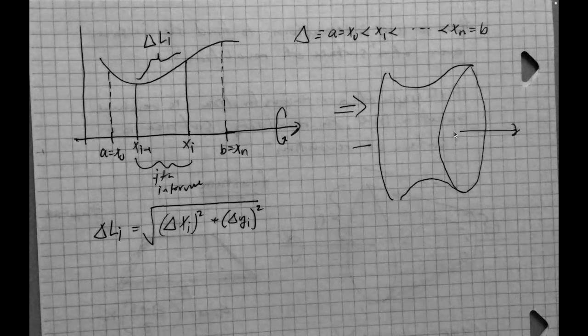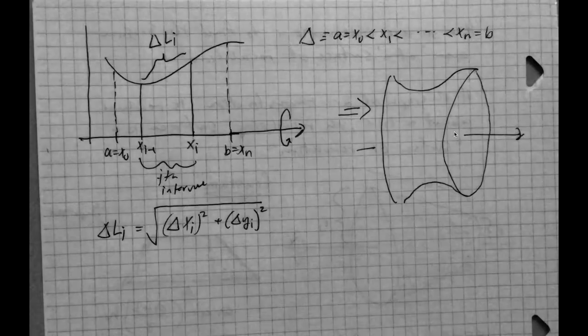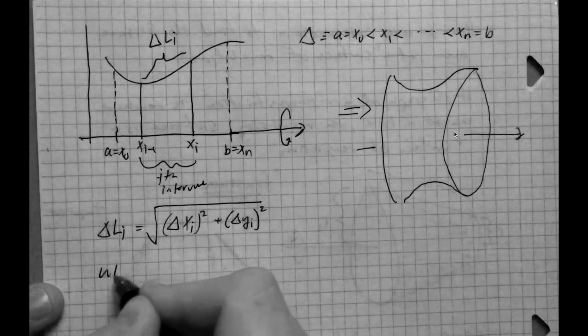So the line segment that has this length is going to basically generate a frustum, pretty much like the previous example that we saw. So let's write this down.